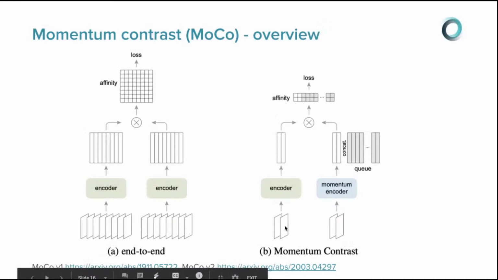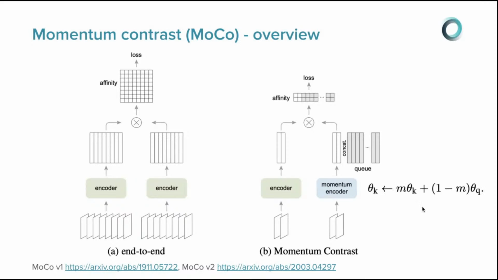What they do here is decrease the batch size and use the model in a normal backpropagation mode, but also have a model where they don't update the weights with backpropagation, but with a momentum update. The momentum update is very similar to what is happening in the momentum optimizer. You have a factor m, you have your old weights, and you add on top 1 minus m of the new weights from the encoder.